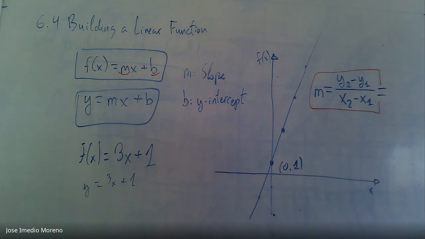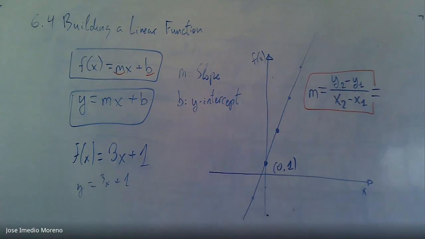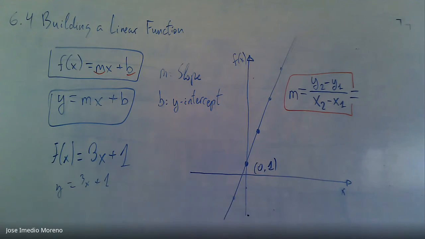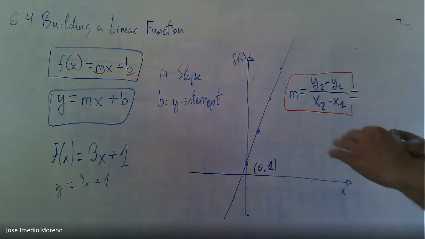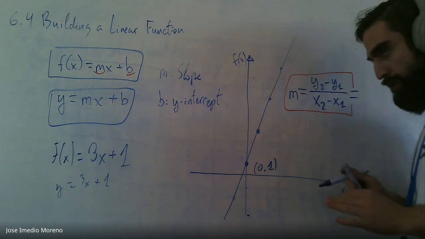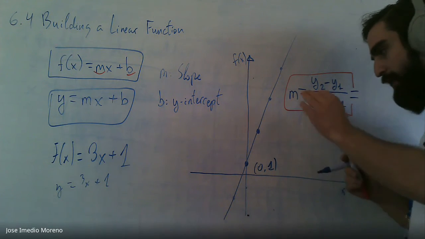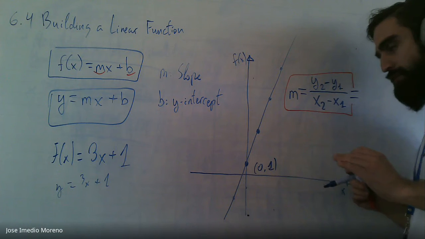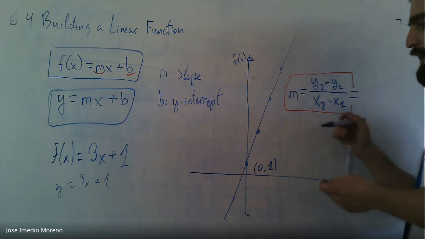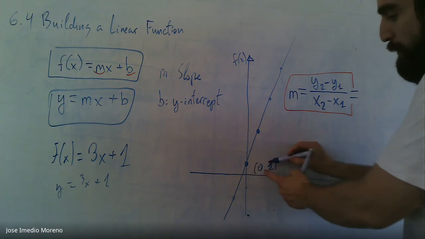It means that on a straight line, on a linear function, I can take any pair of points, any 2 points on the line.